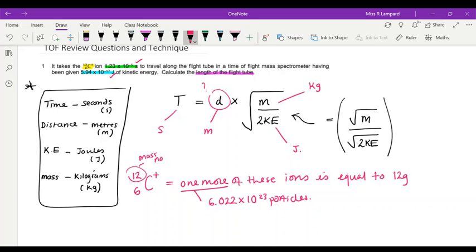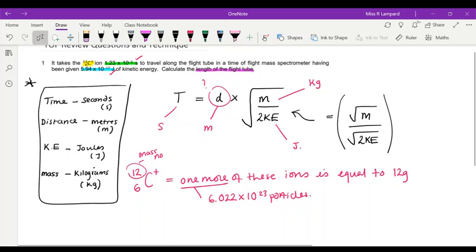However, in this question, we need to be working out the time of flight of a single ion. So we need to work out the mass of a single ion. Okay, so pause the video now and see if you can work out how you would do that.